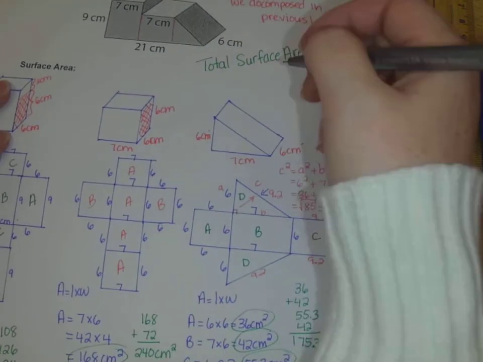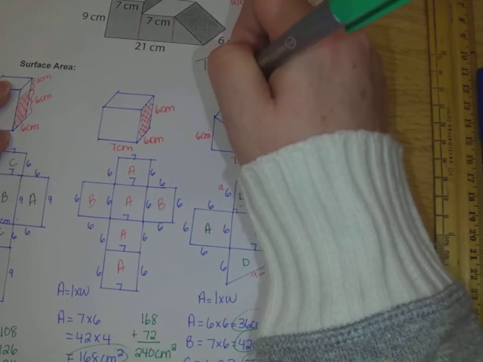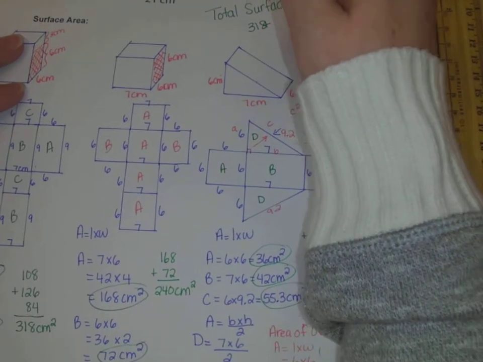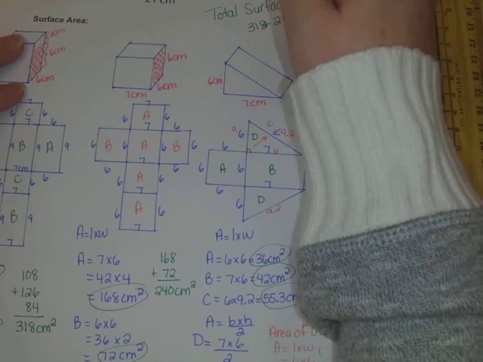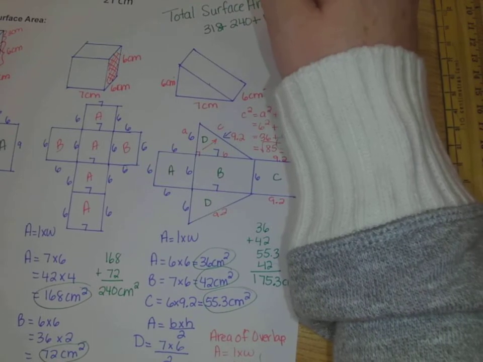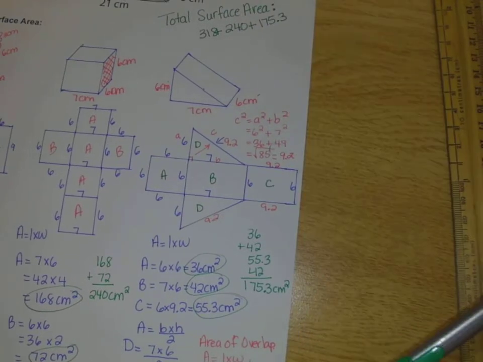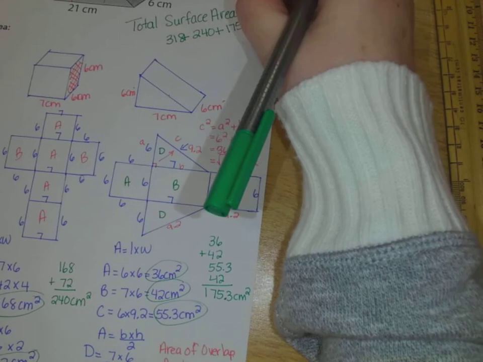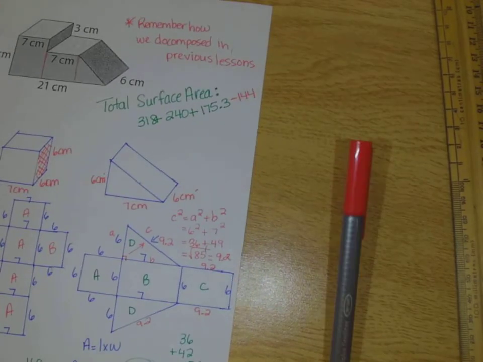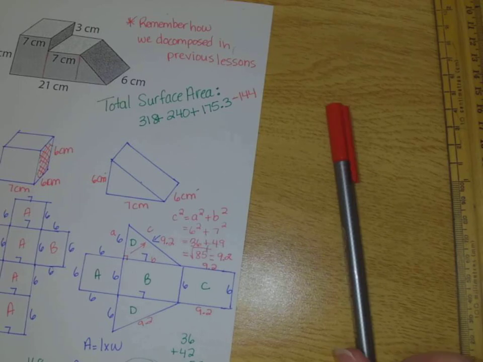Okay, we need 318 plus 240 plus 175.3 minus 144. Okay, so that's our calculation that we have to do.